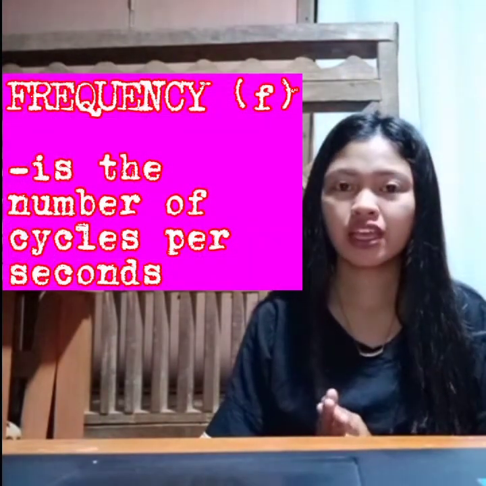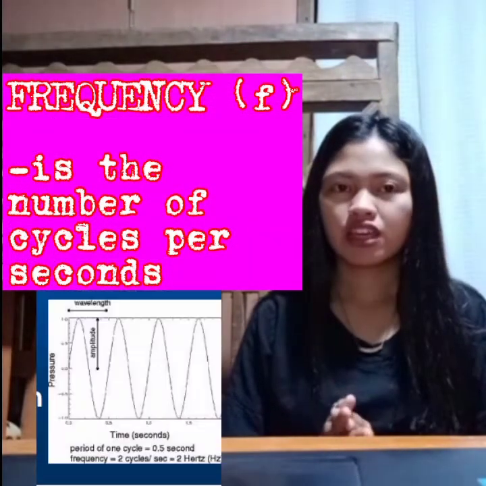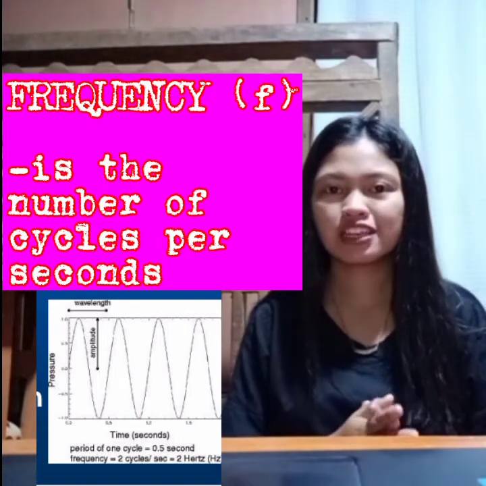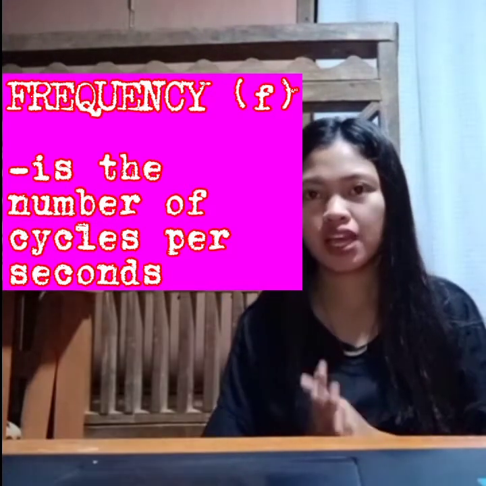So, if you count the number of seconds between the arrivals of two adjacent crests at a given point in space, you measure the period. So, the next property of wave is the frequency. The frequency is represented by small letter f. It is the number of waves passing a given point in a unit of time.